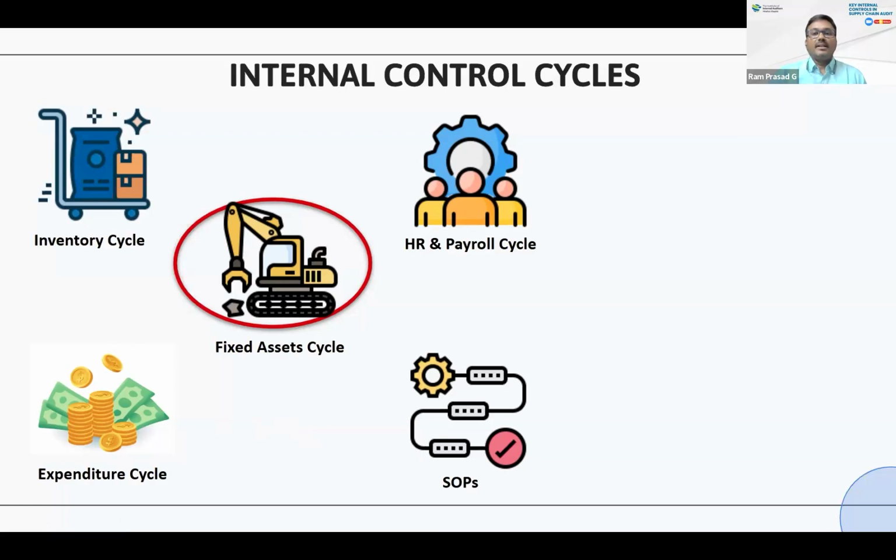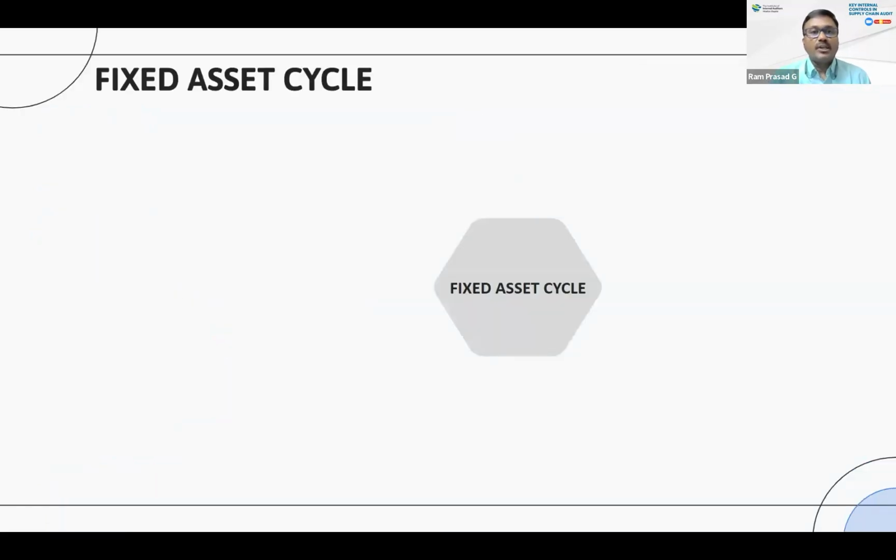Okay, so let me continue. In terms of the fixed assets cycle, I would like to cover end to end the FA cycle. In the process of giving an introduction and a complete flow-through of the entire process around the FA cycle, I will also be touching on some control areas which need to be kept in mind when we are doing our audits.